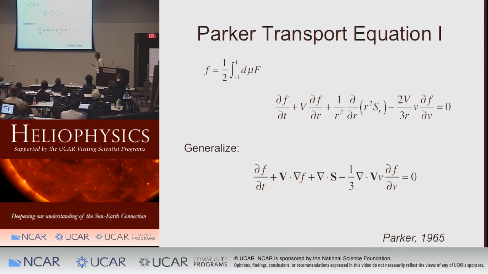So what I can then do is take little f, multiply by d mu and then integrate. Okay, so I'm going to look at the isotropic piece here. So I'm going to call f the average, but I'm assuming very effective scattering.